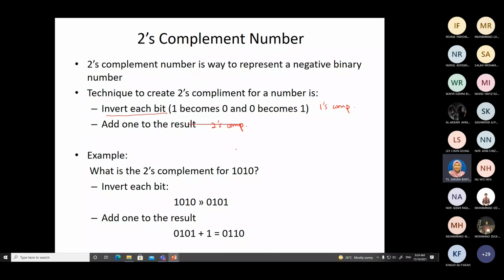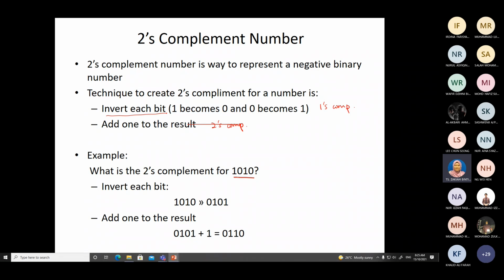For example, what is the two's complement for 1010? It doesn't mention what the value is, or whether this number is negative or positive.